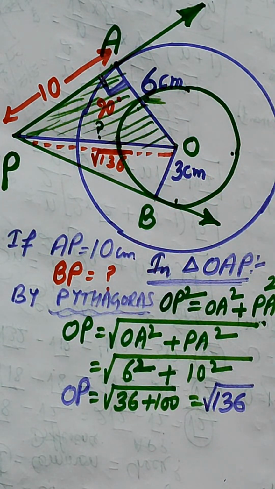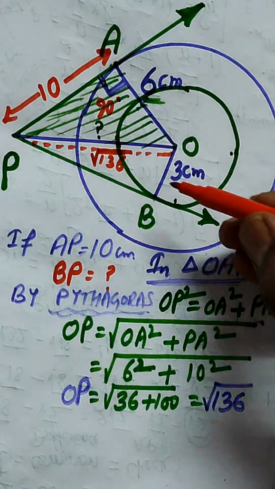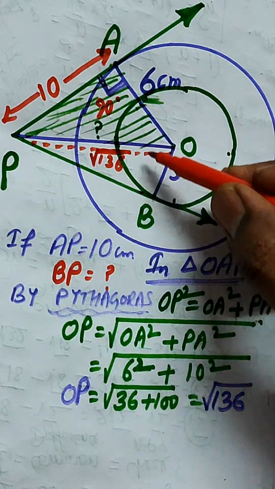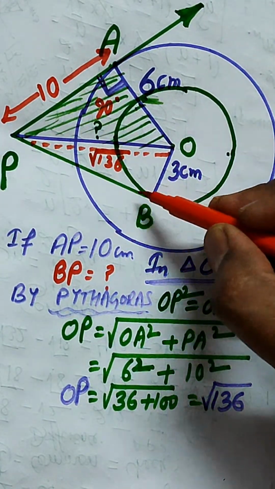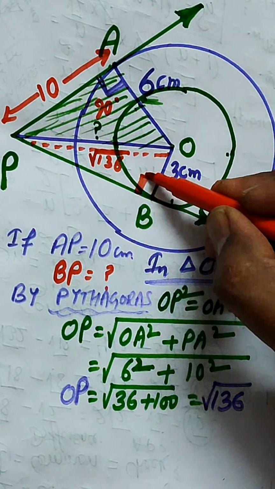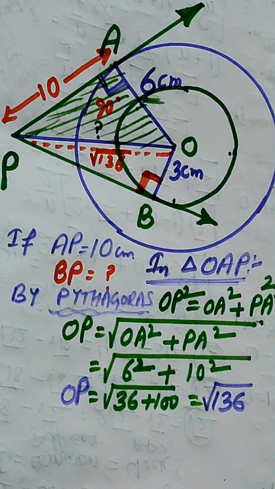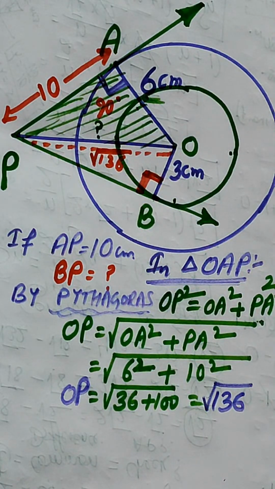So if OB is the radius, then definitely if PB is the tangent to the inner circle, then at the point of contact it will be making an angle of 90 degree with the radius, right? So that's why this angle will be equal to 90 degree.